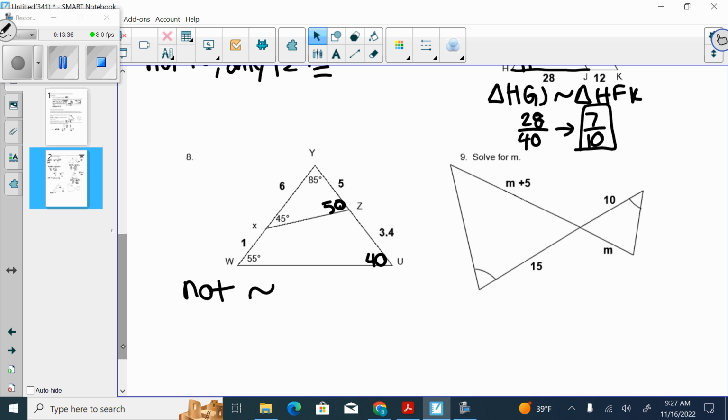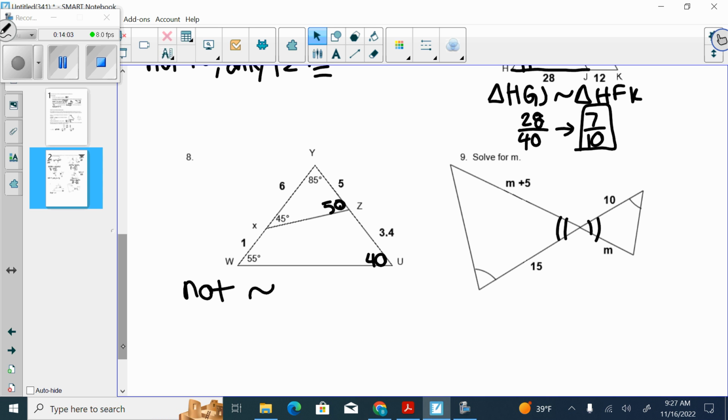Okay. All right, last one, number 9, says they want us to set up something to solve for M. Well, we can set up a proportion, but to set up a proportion, you have to know for a fact that your figures are similar. So they gave us 1 pair of congruent angles. Is there any that we could add? Vertical angles. So now I know that these are similar figures because of the AA Similarity postulate.